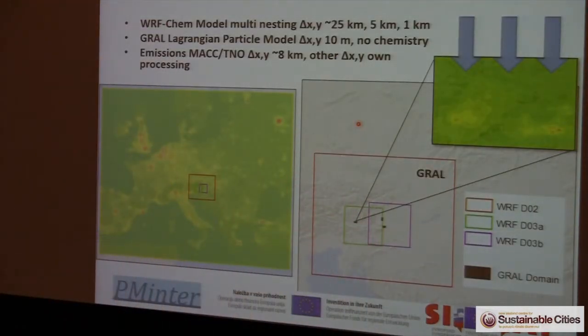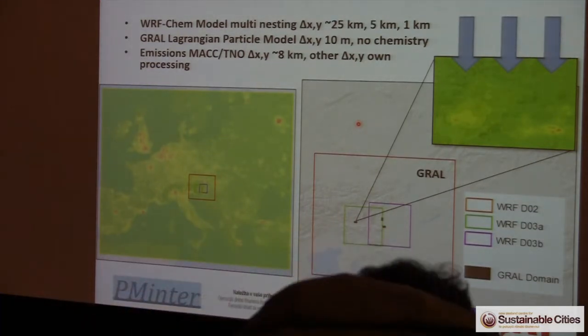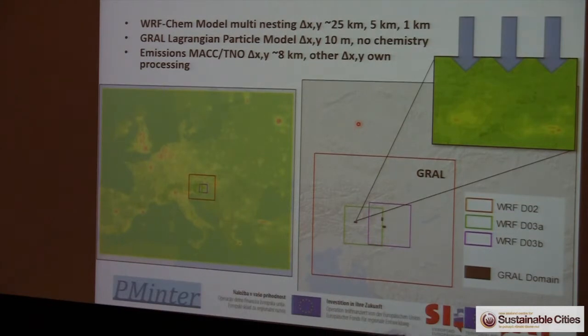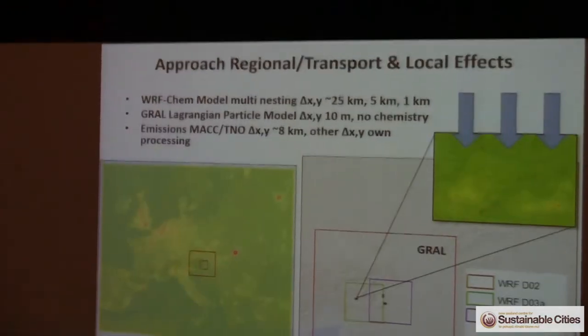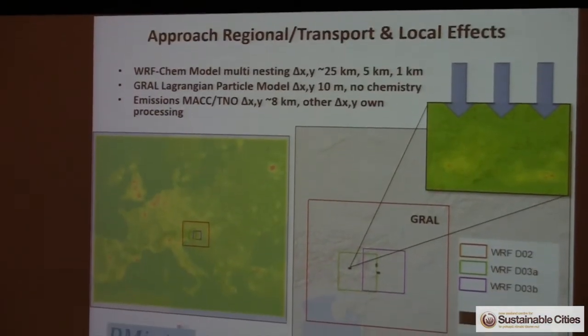Modeling allows us, in contrast to measurements where we have only one position in space, to obtain a spatial figure by programming, let's say, the physics. We used even two models in this PM-Inter modeling approach. On the left-hand side, you see a model type.